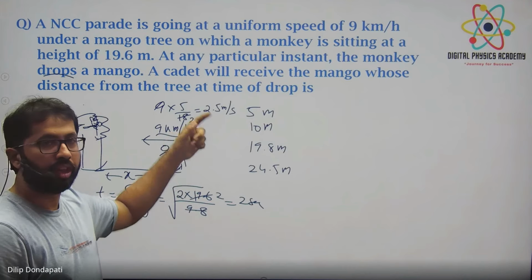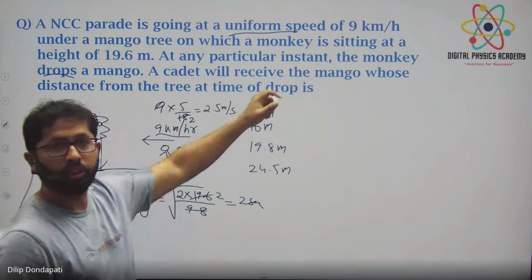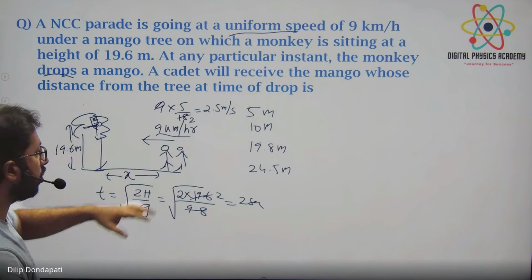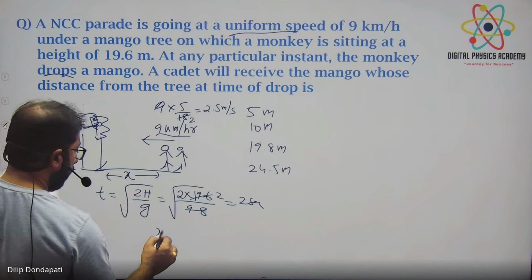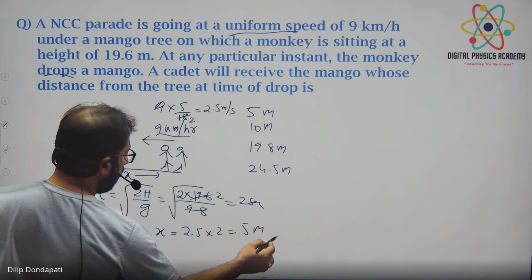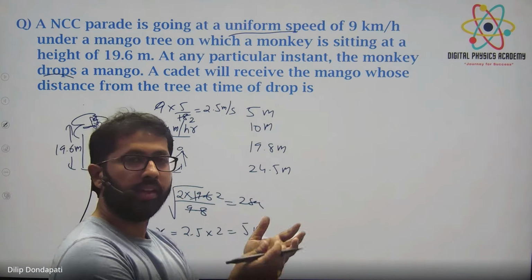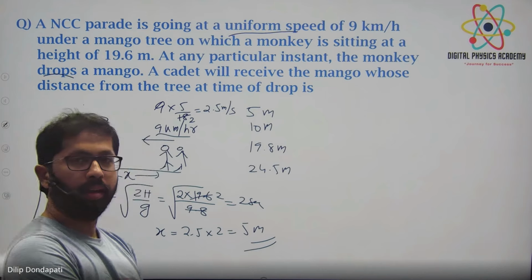Distance is equal to speed into time because there is no acceleration, because they are going with a uniform speed, right? So distance कितना होगा? 2.5 into 2, 5 meters. So when they are 5 meters, definitely they will catch the mango, right?